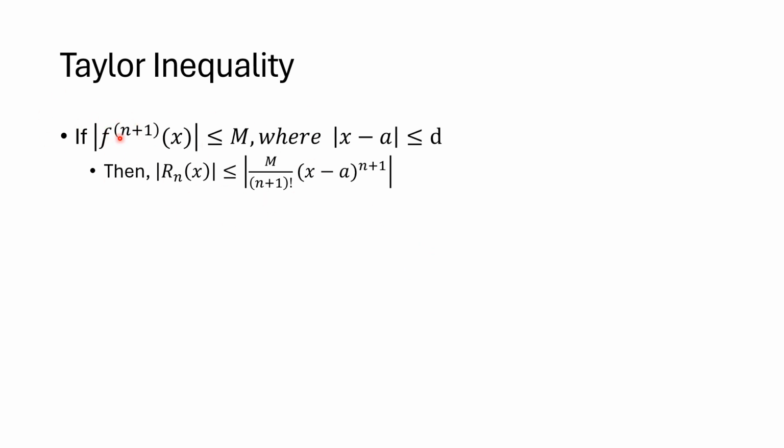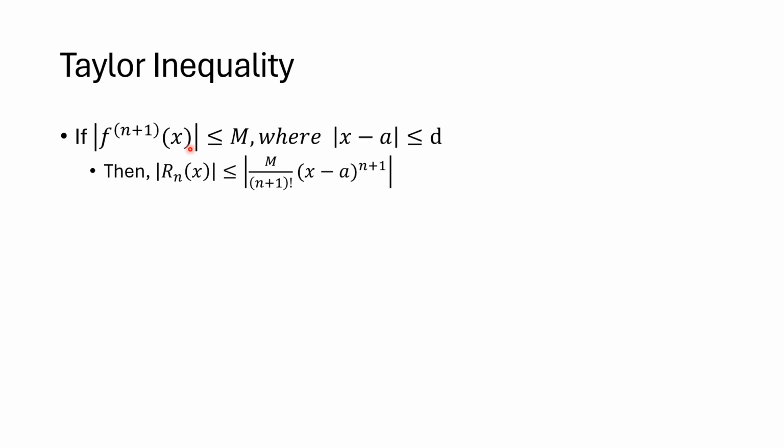We're bounding it and trying to find the maximum value, which is represented by M. So basically, if you just get rid of these absolute value signs and say that M is equal to this right here, it would just be the Lagrange remainder.